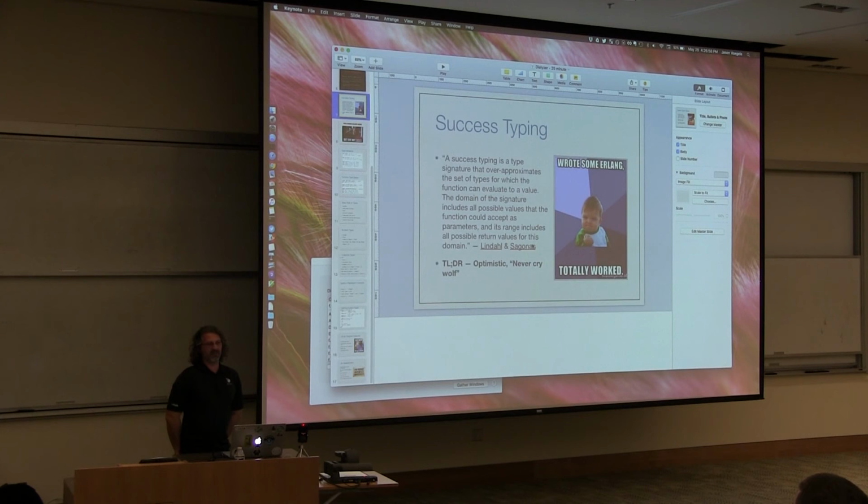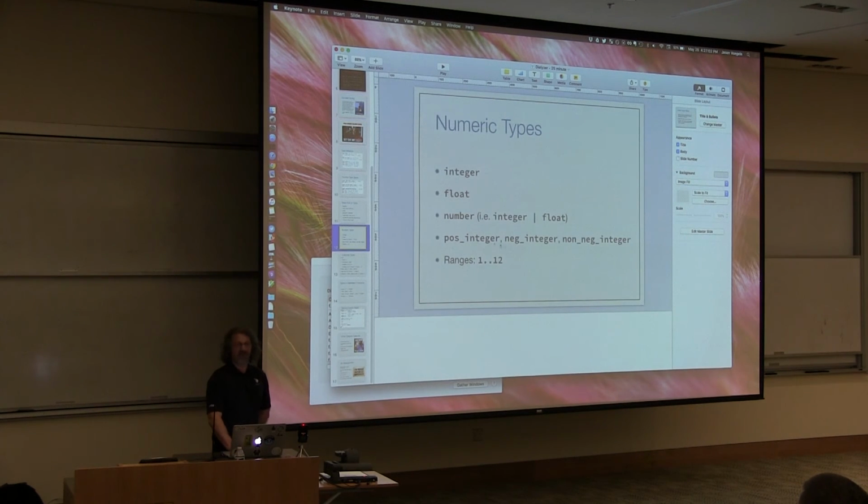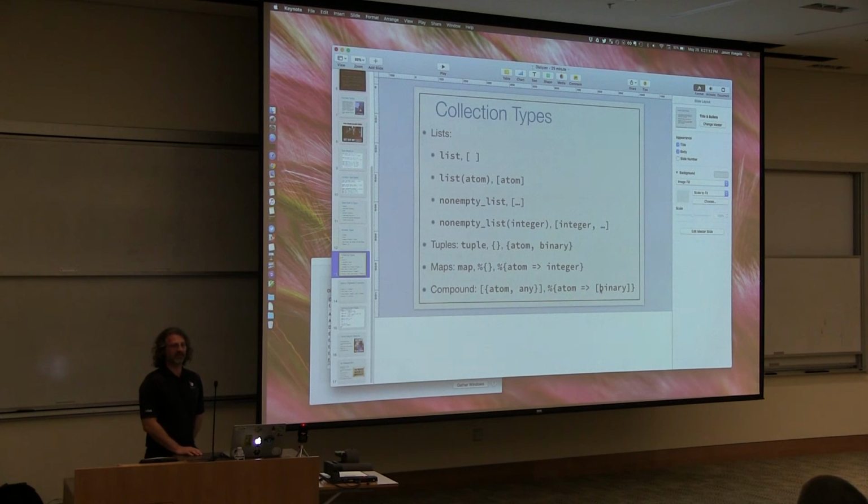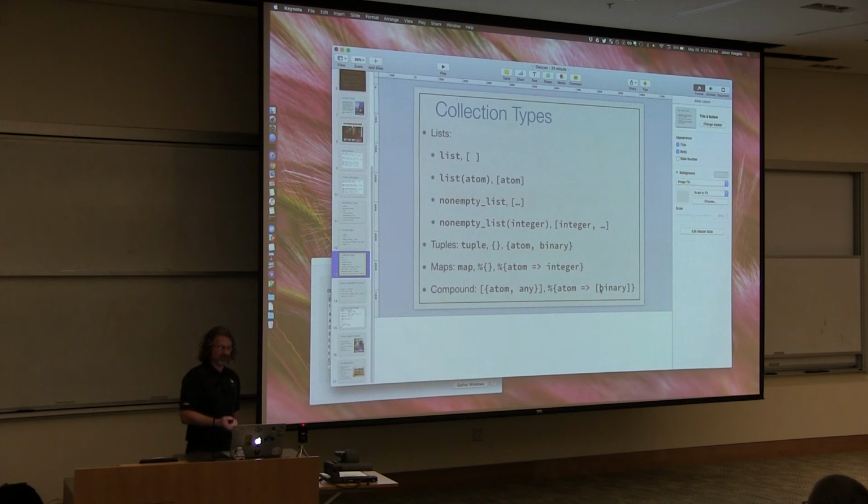You can use literal values in other structures, right? I mentioned the ranges, for example. So you can say that it's a literal integer in this range, or you can use literals in compound declarations where you've got tuples that contain specific numbers in a specific position or something like that.